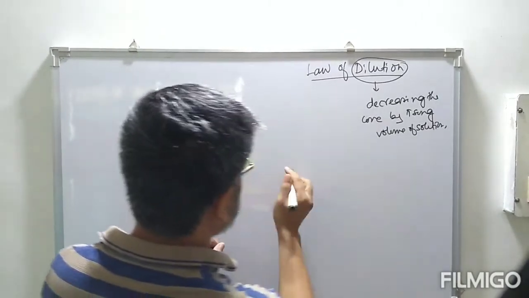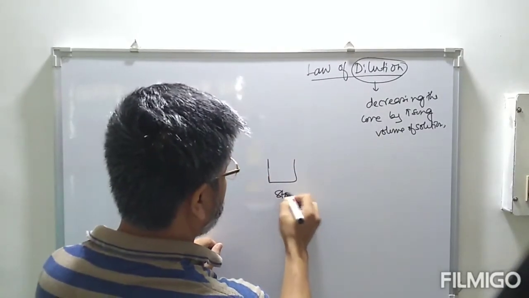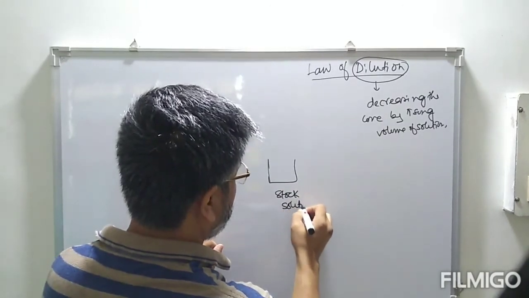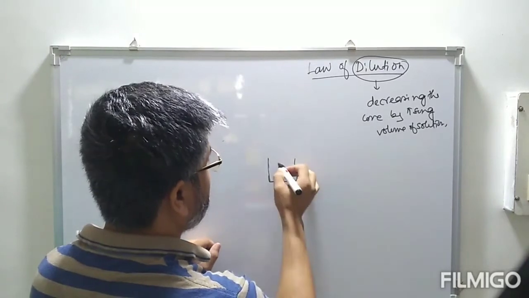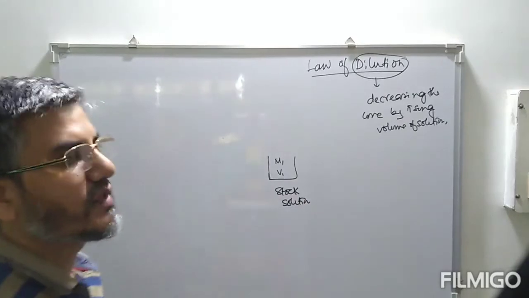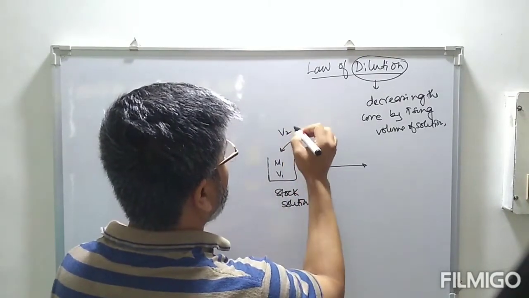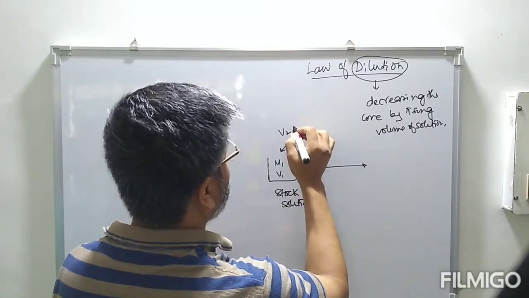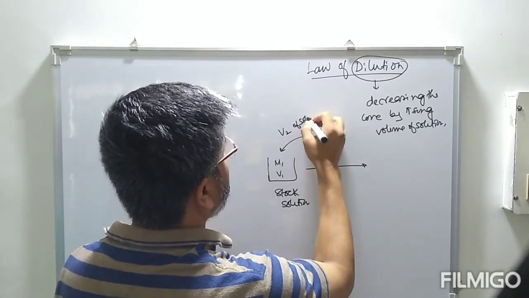So suppose we have a solution. This is the stock solution, whose concentration is M1 and volume is V1. Now to this we add V2 of solvent.